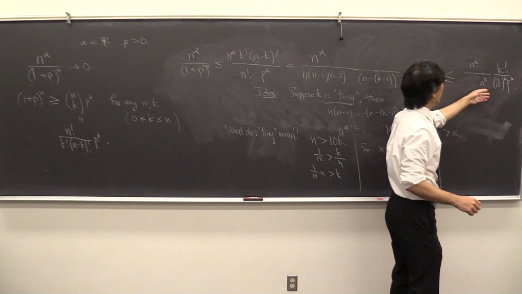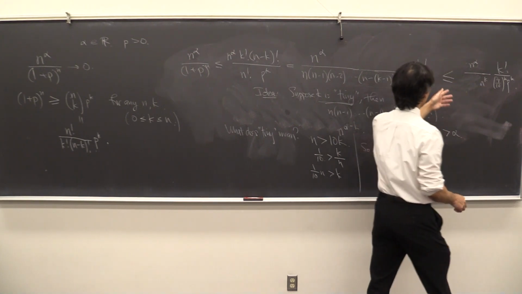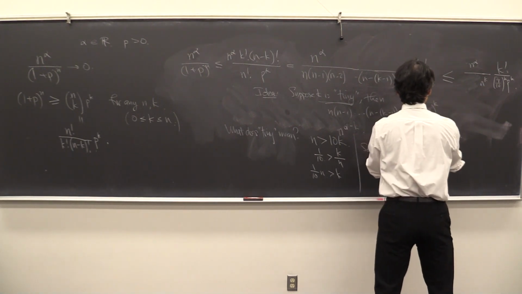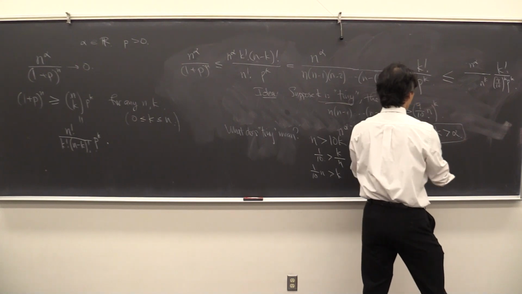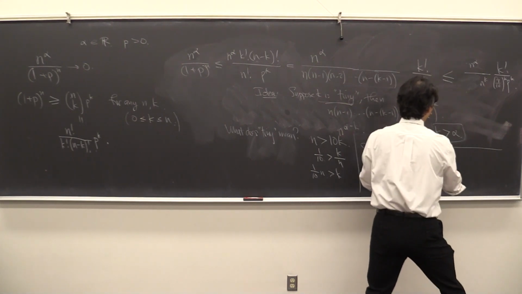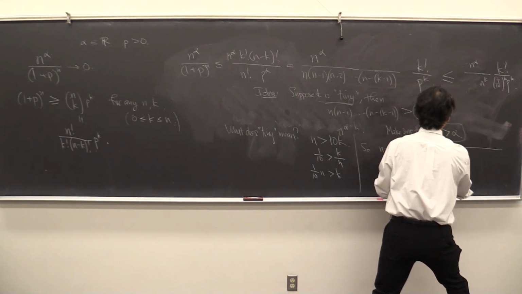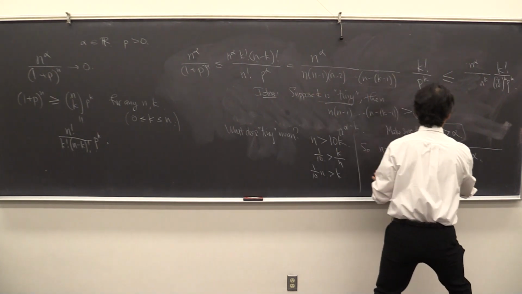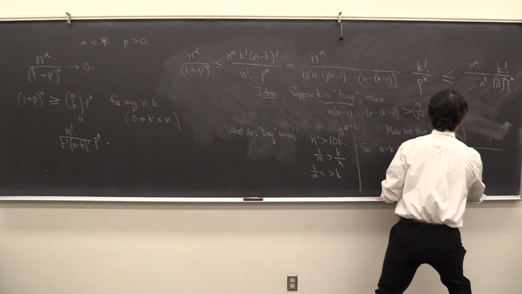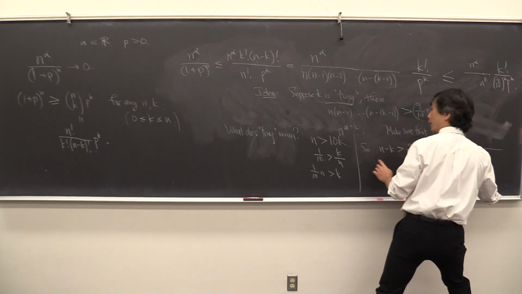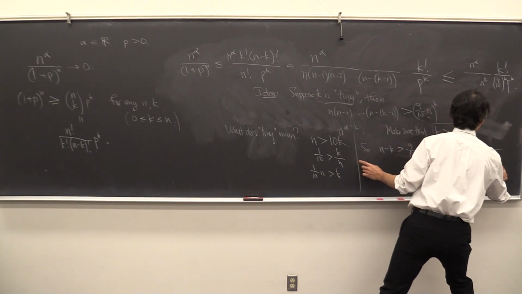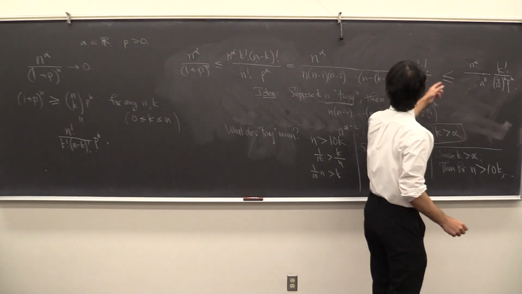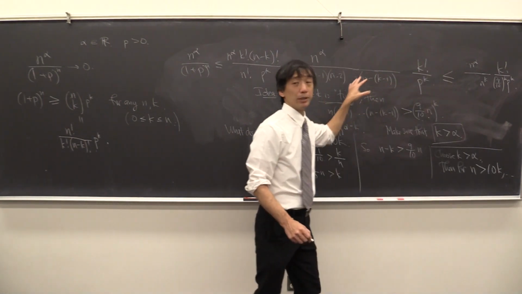As long as we choose k bigger than alpha, so when you're writing out the proof, you'd say, well, choose k bigger than alpha, right? And then for n bigger than 10k, we have this relation.